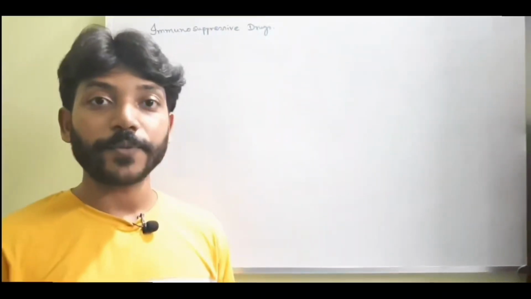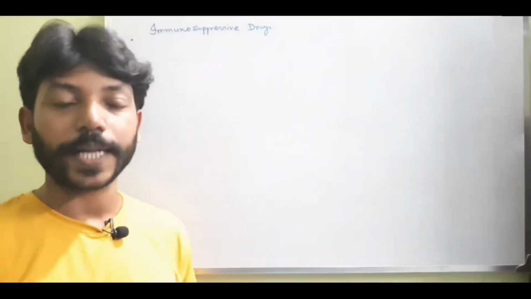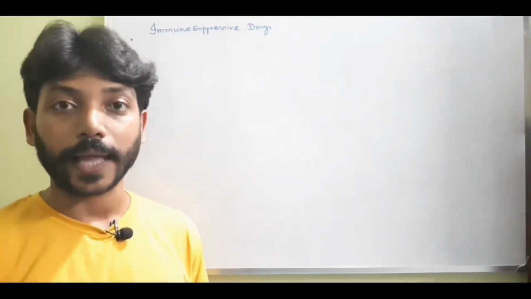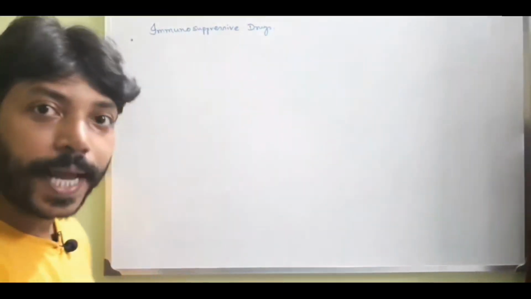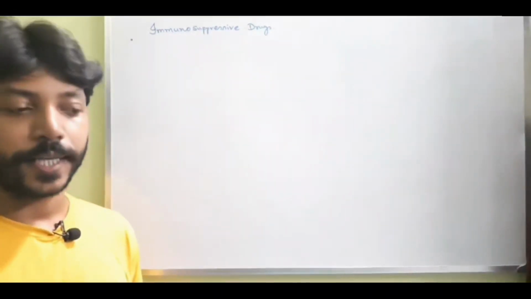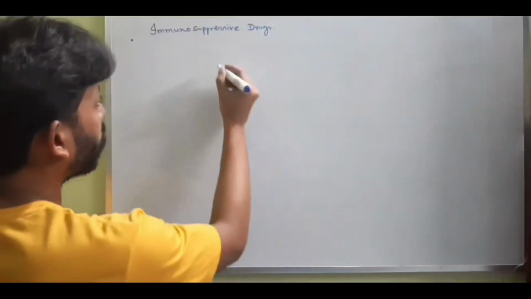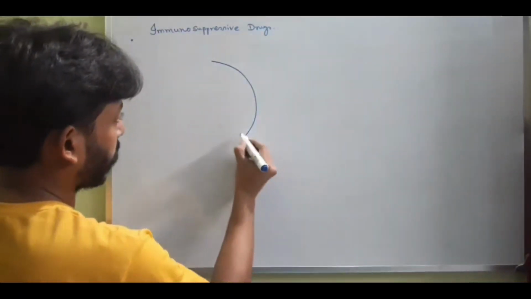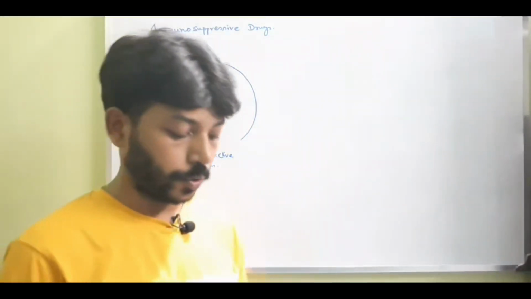Monoclonal antibodies. In my previous class, I discussed that rejection of transplantation is performed by alloreactive T cells. So T cells are very important, and monoclonal antibodies are generated to act against these alloreactive T cells. Let's assume this is an alloreactive T cell. That means these cells can recognize allogenic MHC molecules.